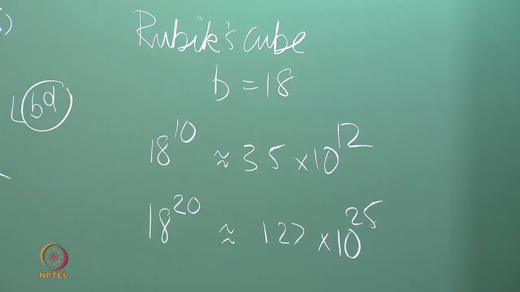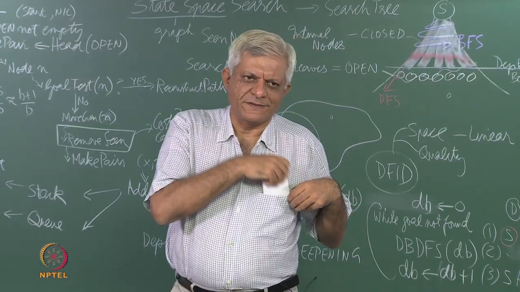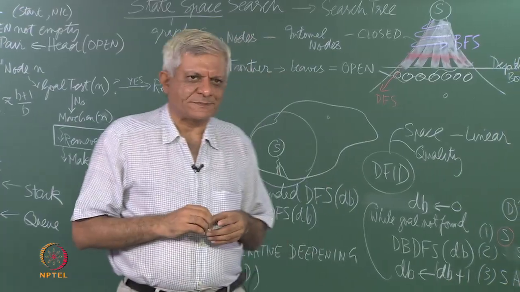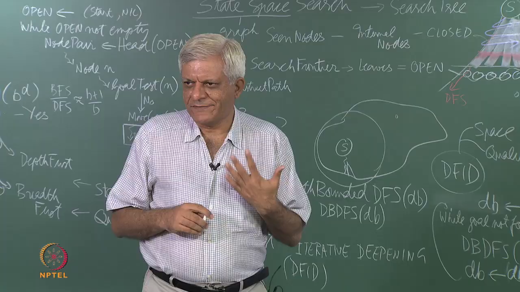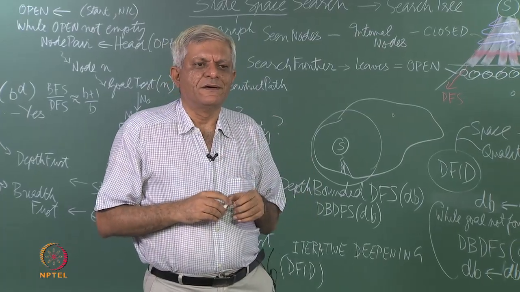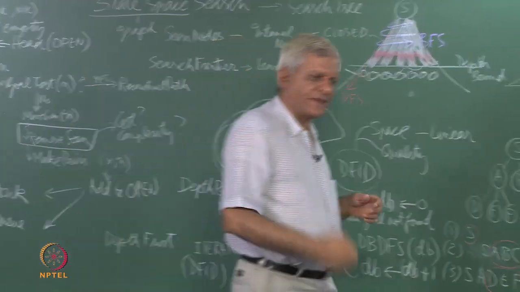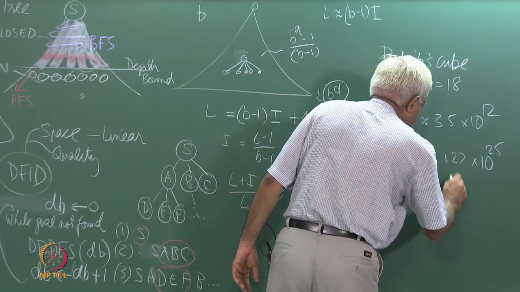How long does it take you to inspect 10 raised to 25 nodes? You know, we do not have a good idea of big numbers. 10 raised to 25, 10 raised to 30, they all sound the same to us. So, let us do some very rough calculation. Let us say we can inspect 1,000,000 states in a second. So, we will need 10 raised to 19 seconds.